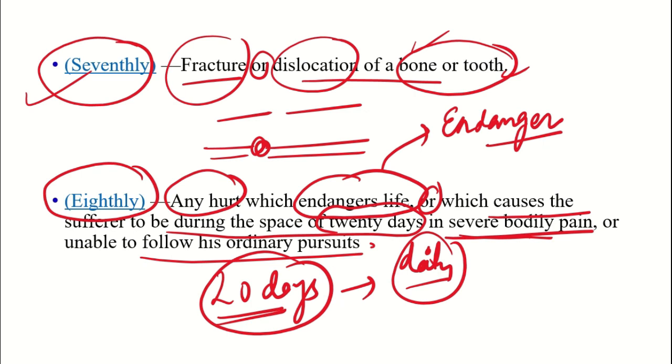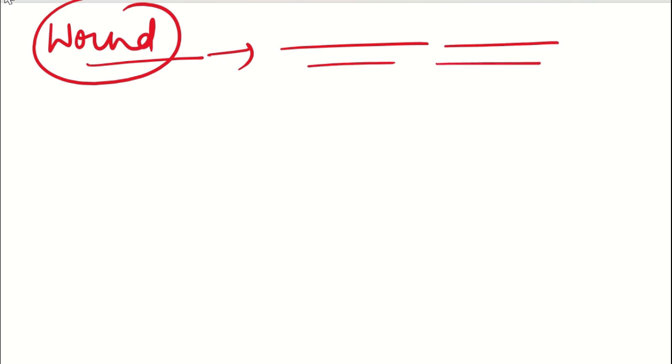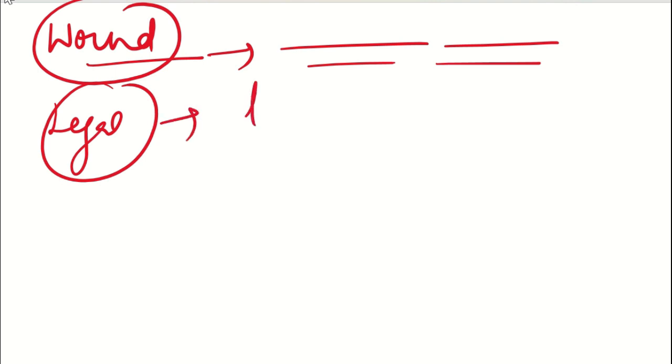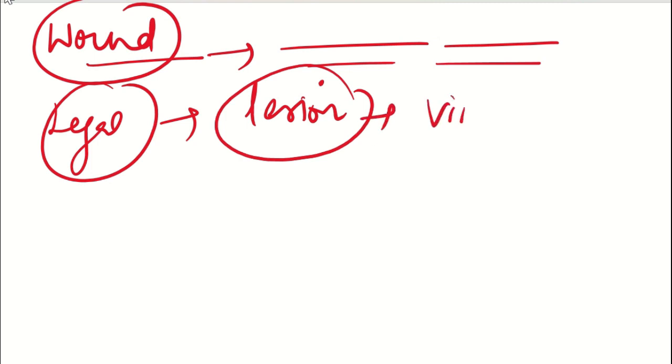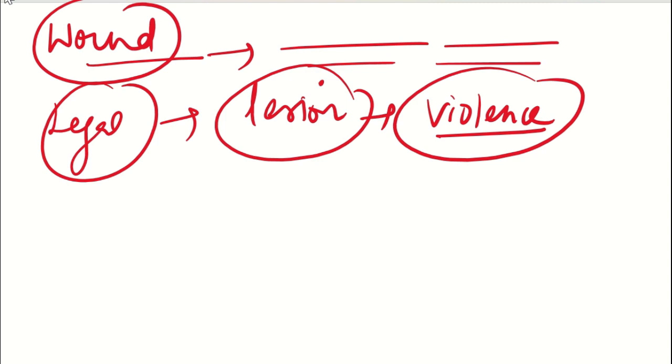Now, what is a wound? Okay, so as you know, the surgical definition of a wound is a discontinuity of any tissue. But what is the legal definition? Legally, a wound is defined as any lesion caused as an effect of violence, characterized by internal or external bleeding.